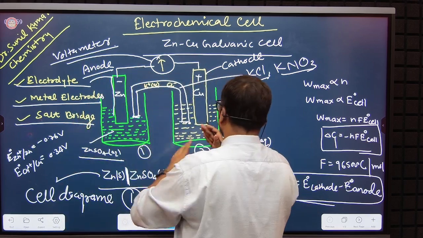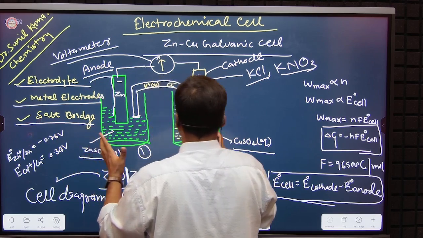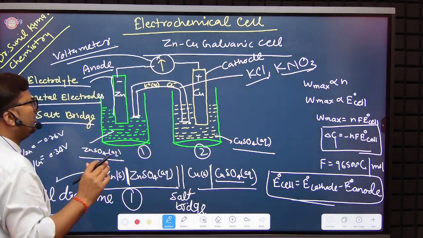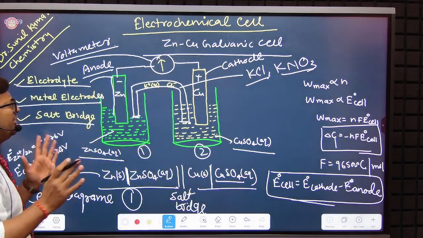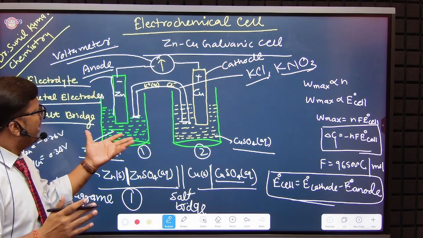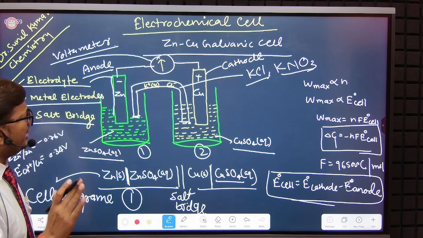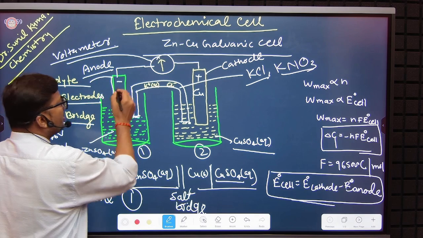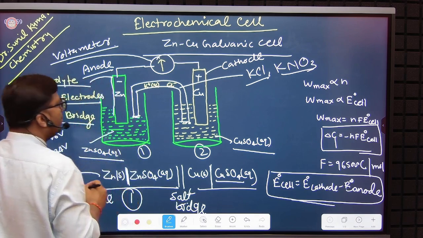So the potential difference between the two components will result in the conversion of chemical energy into electrical energy, right?